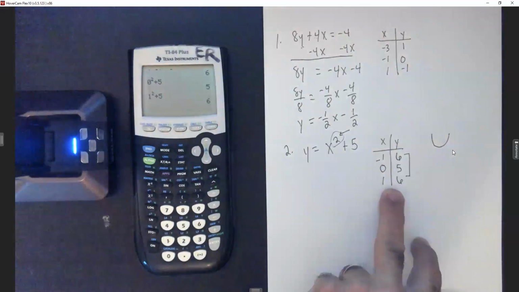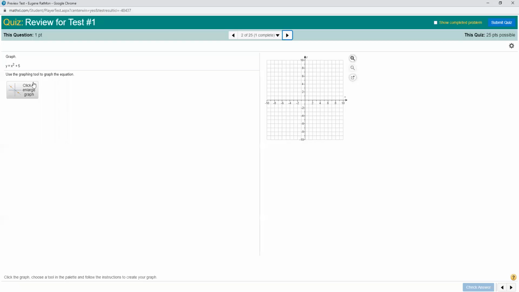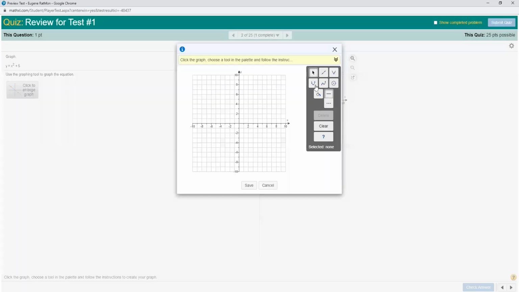Let me go to that graph and plot that. All right, I'm going to click it to enlarge it. All right, so remember, x squared, use the 3-point quadratic tool. Click that. Now the first point I had to do was that center point 0, 5.